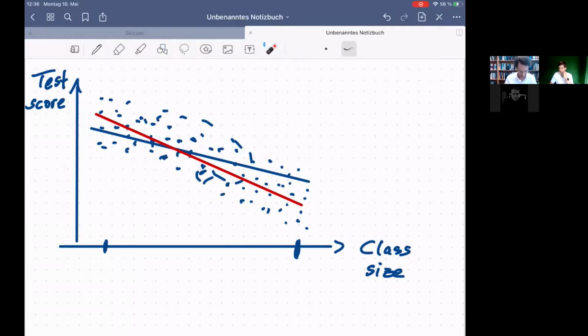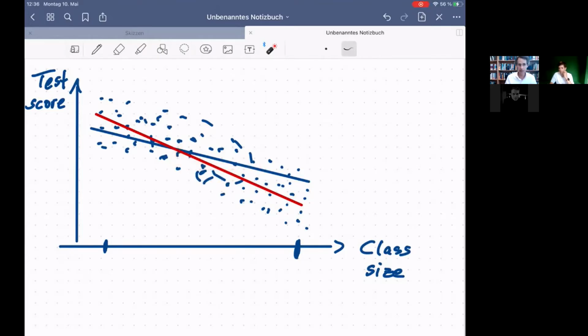Well, not overwhelmingly much, but at least a bit, because that would be the increase in the red line. So it would increase a bit. But in fact, the effect is much smaller. It's only the one that's given by the blue line.